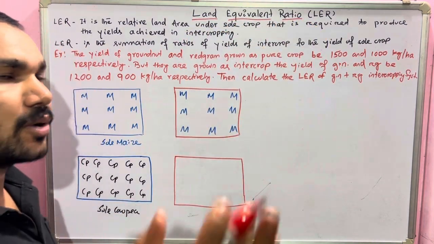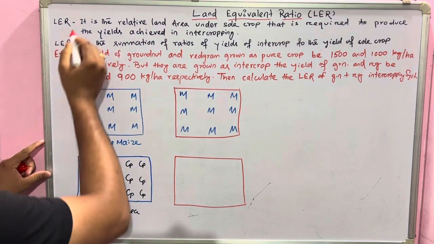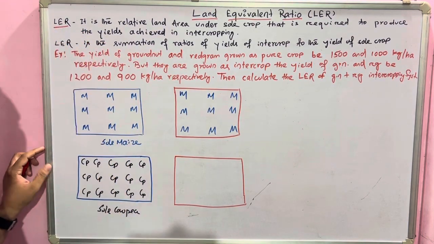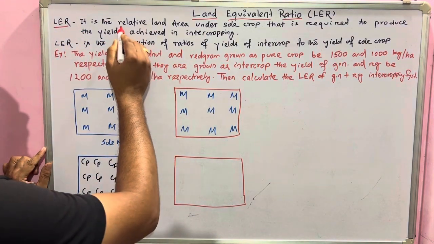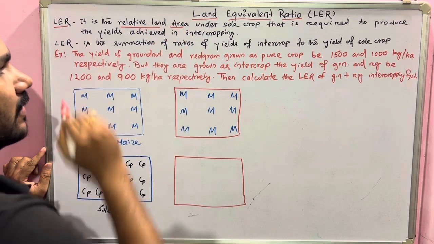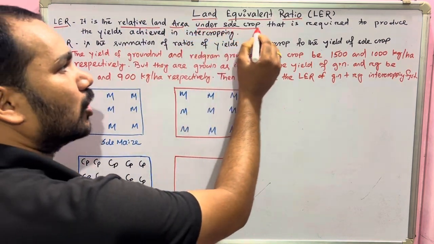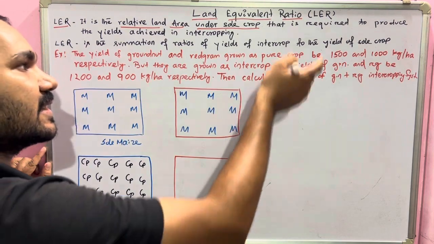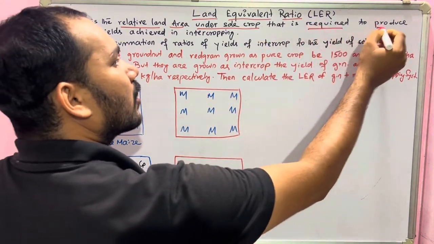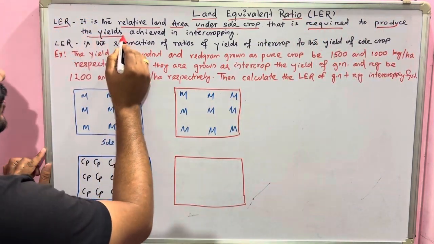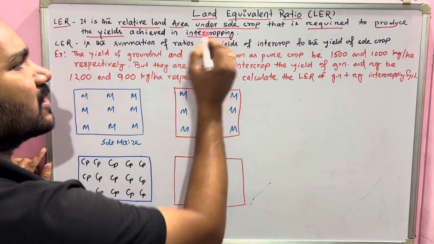First of all, come to the definition. LER means land equivalent ratio. It is the relative land area under sole crop which is required to produce the yields we are getting in the intercropping system.